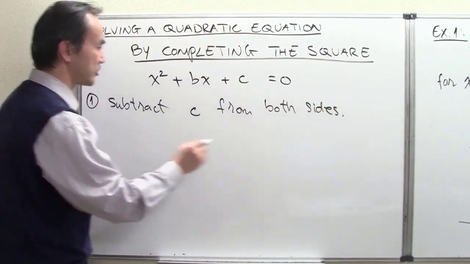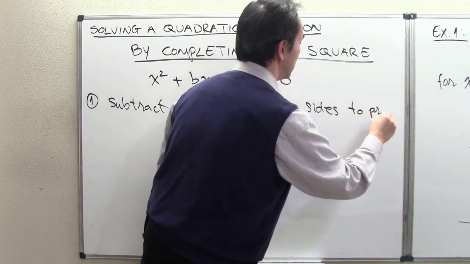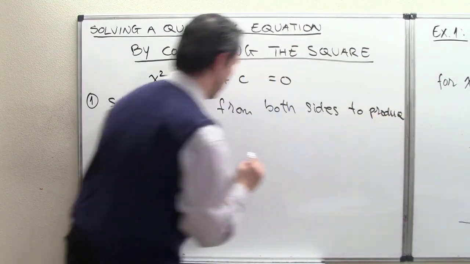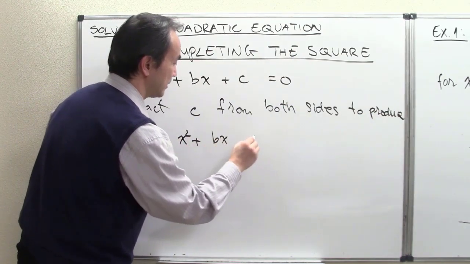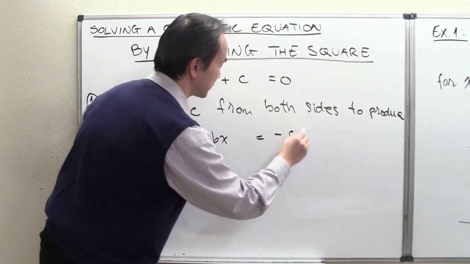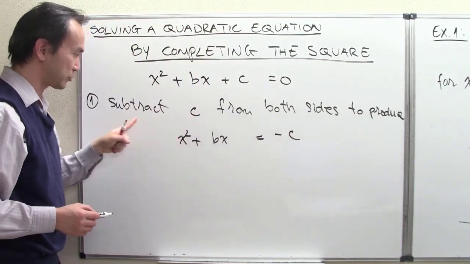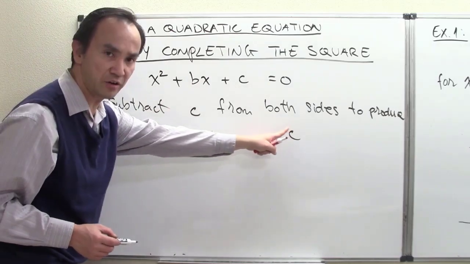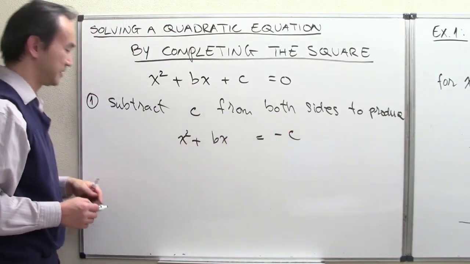And that leads to producing x squared plus bx equals negative c. That's the first step. We subtract c from both sides of our equation to produce x squared plus bx equals negative c.